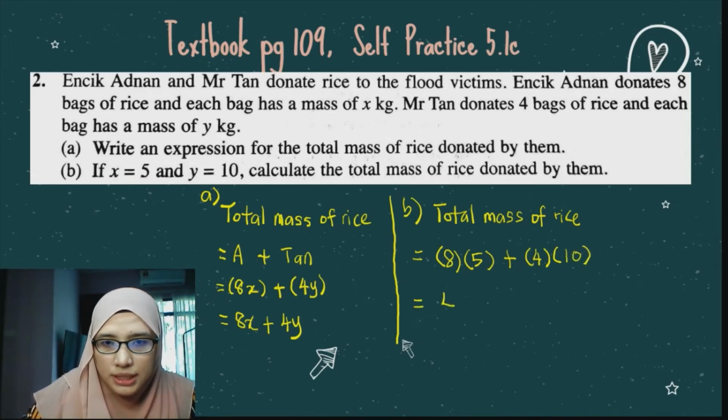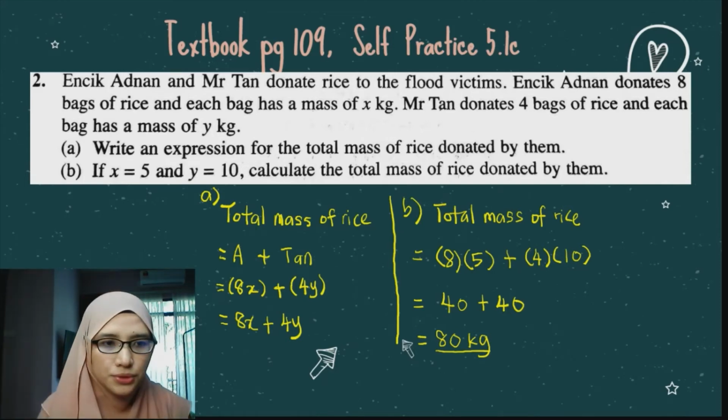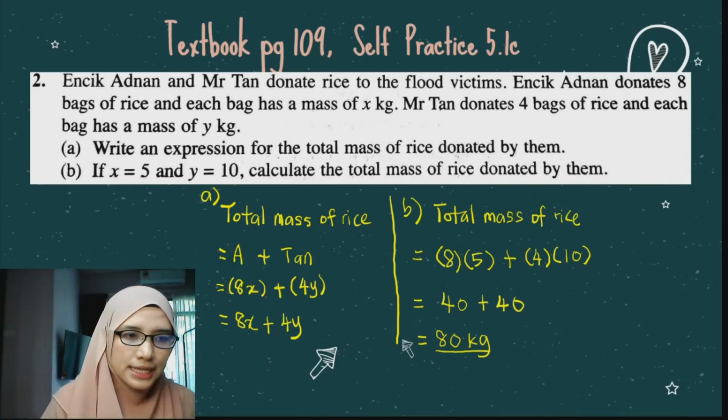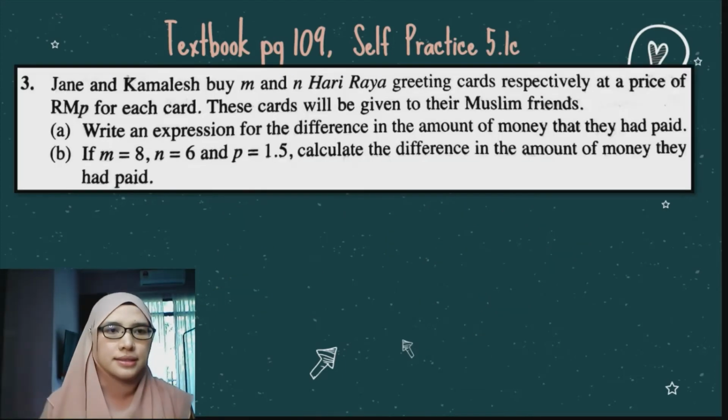That is 40 plus 40. And your answer is 80 kilogram. So that's how you do your calculation for this type of question. Question number 3.